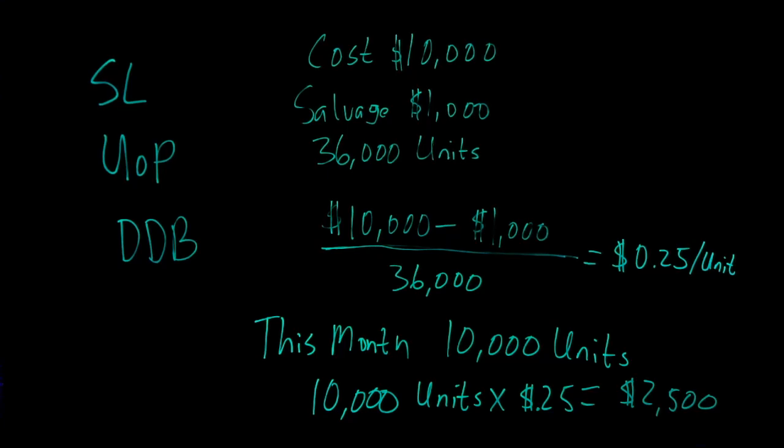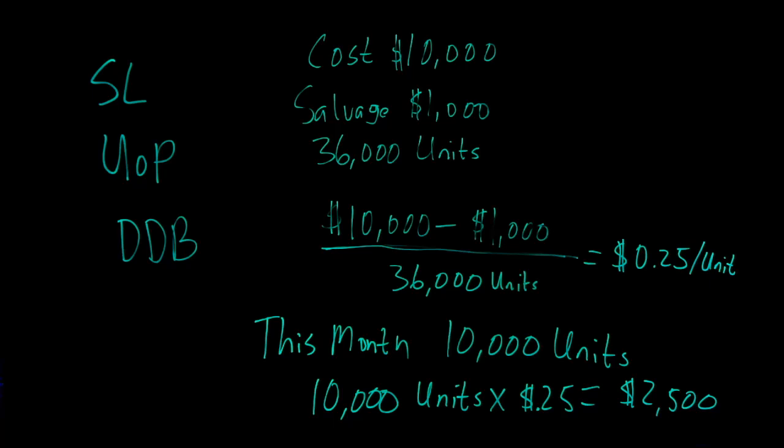So we're depreciating based on usage, not time. So before we said the asset's good for 5 years. This, we're saying the asset's good for 36,000 units. So it's by productivity, not by time.